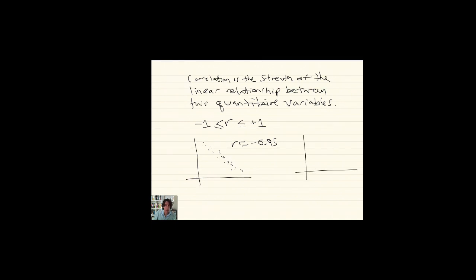A very high positive correlation would be a scatter plot that looked like that, and R would be roughly close to positive 0.95. And if it looks like a random scatter of points all over the place, then R would be approximately 0. So understanding what R measures is how we're going to use it in the course. R is the strength of the linear relationship between two quantitative variables.